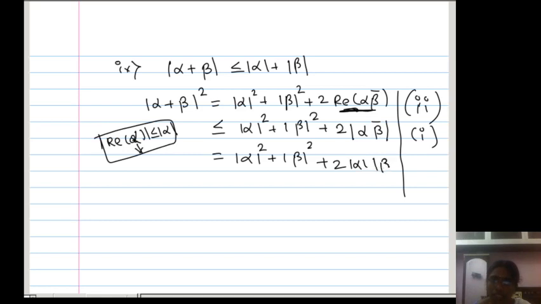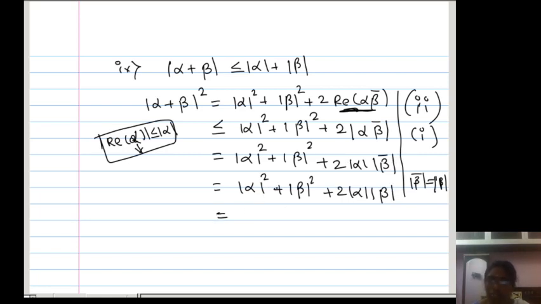Next, in the first property only we discussed: mod beta bar is equal to mod beta. Means the mod of the conjugate is equal to the mod itself. You know that mod beta bar is equivalent to mod beta. Just now I discussed it in the previous theorem.